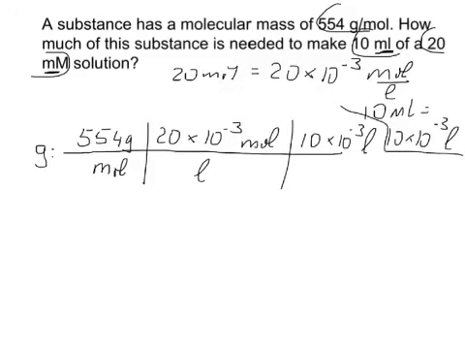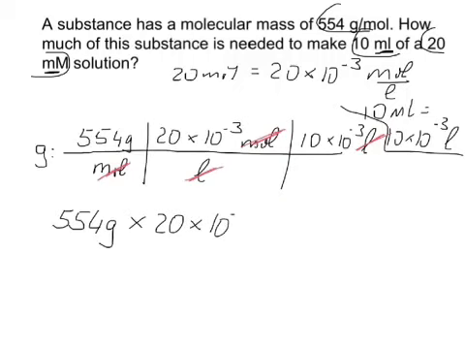So what we can do now is we can again cancel our units. So the gram stays, but we can cancel the mole. We have mole cancels against this, liter cancels against this, and what's left is we have 554 gram times 20 times 10 to the minus 3, no units because the units have cancelled out, times 10 times 10 to the minus 3.